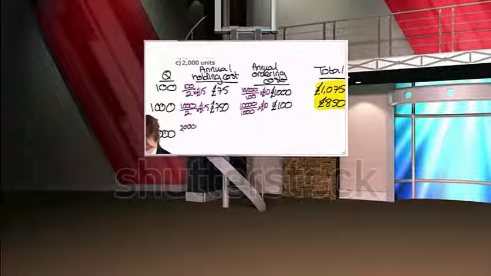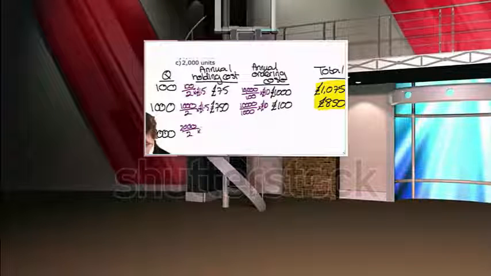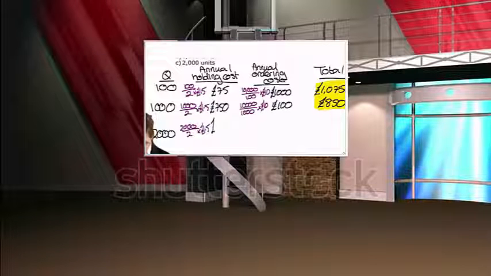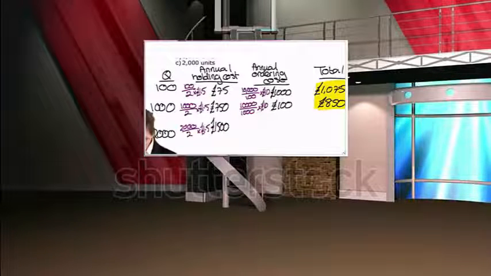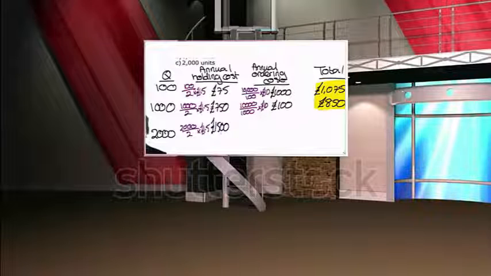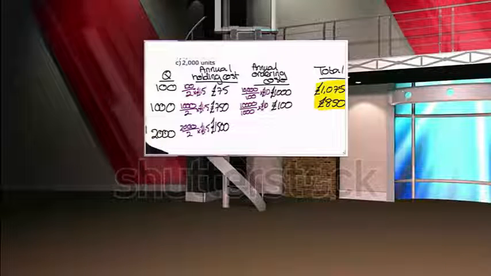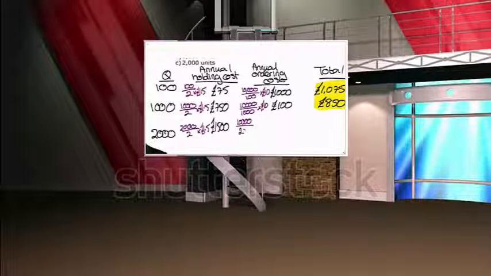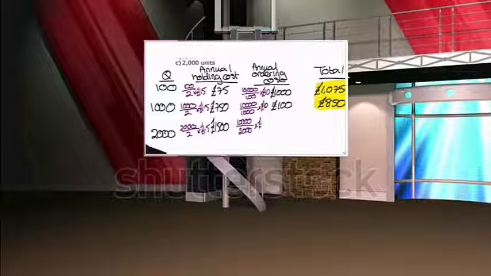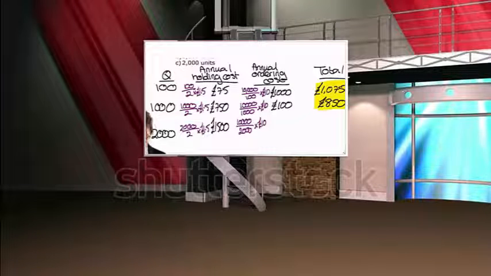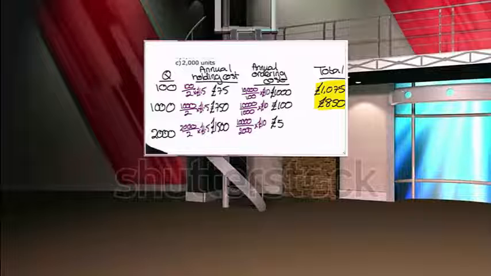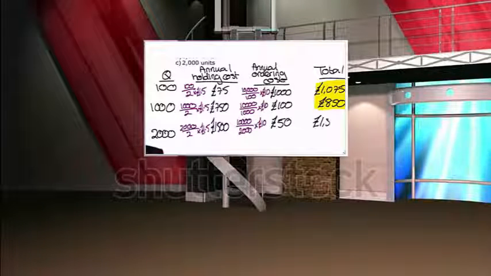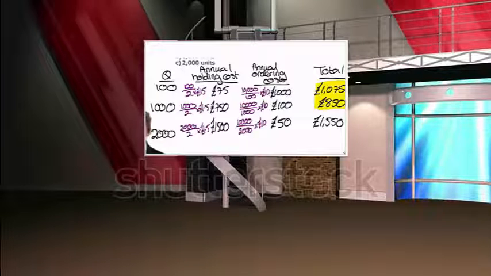So our annual cost of holding will be 2,000 divided by 2 multiplied by 1.5, which gives us 1,500. And our annual ordering costs will be our demand of 10,000 divided by our order quantity and multiplied by 10. So we'll get 50. If we add the sum of the two, 1,550.